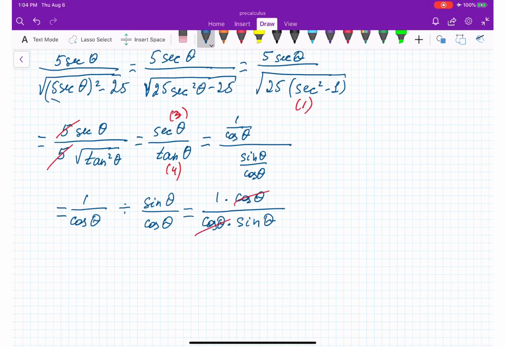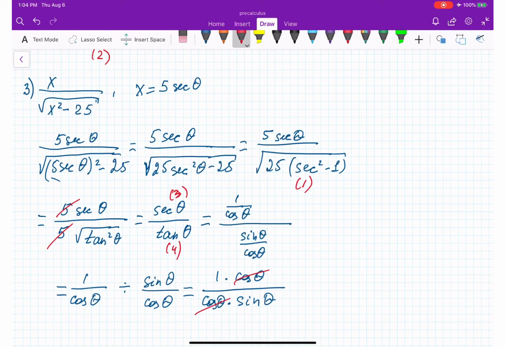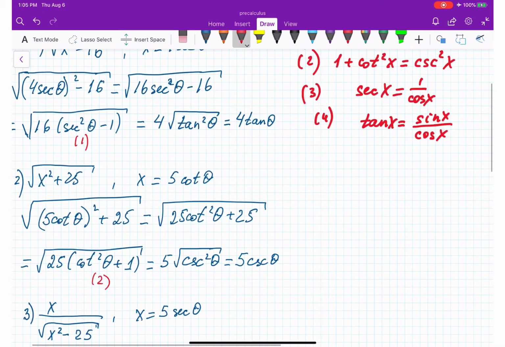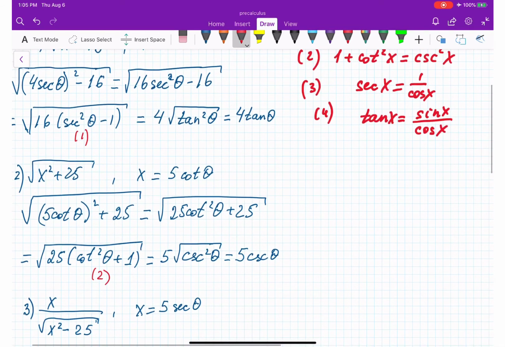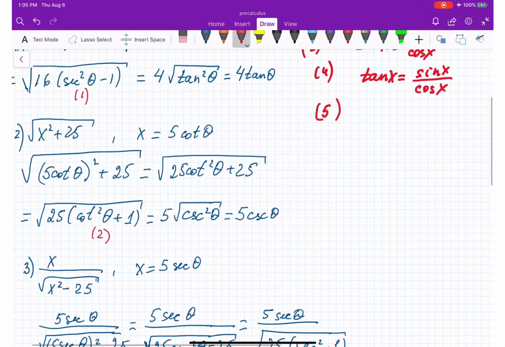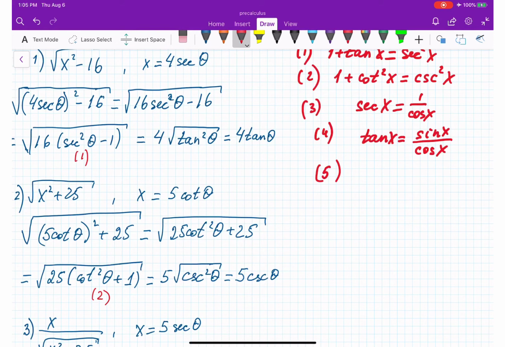We get 1 over sine theta, and formula number 5: cosecant x is equal to 1 over sine x.